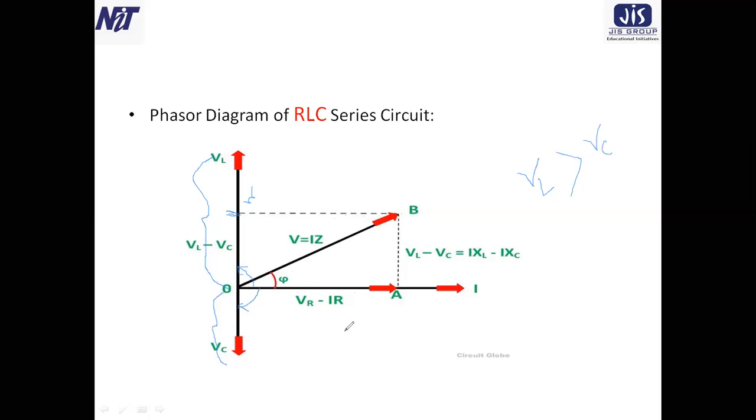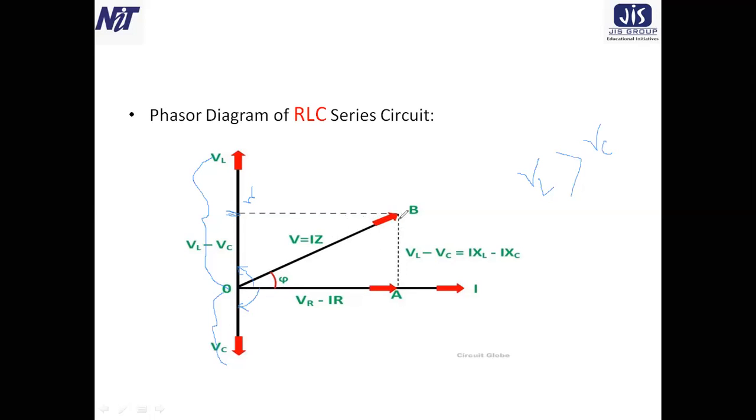Then the OB will be the resultant vector of OA and AB.